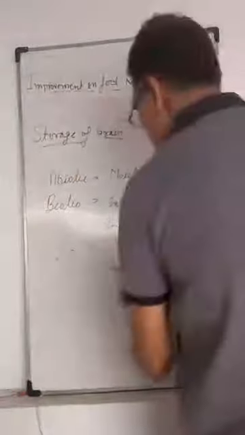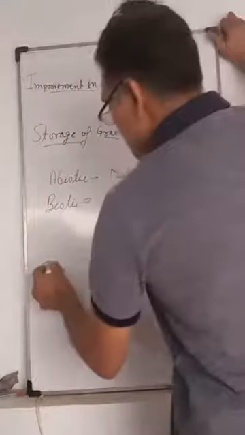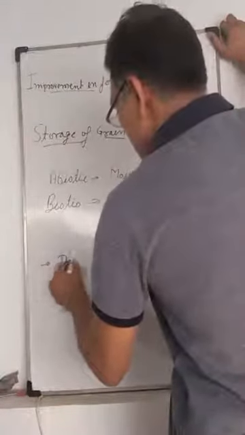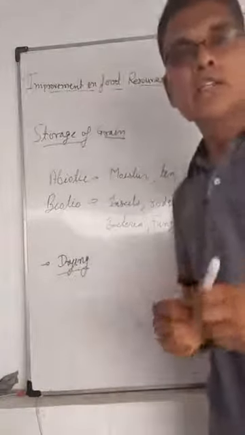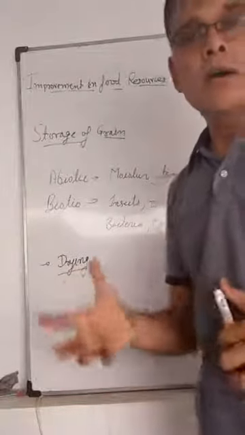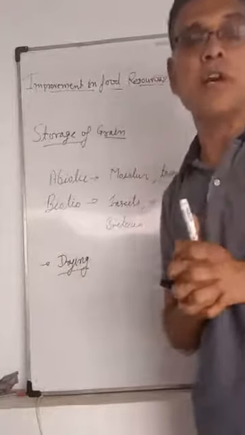How do we remove or reduce the storage losses? Through proper drying. By proper drying on a cemented floor or plastic sheets, we can reduce their moisture content.